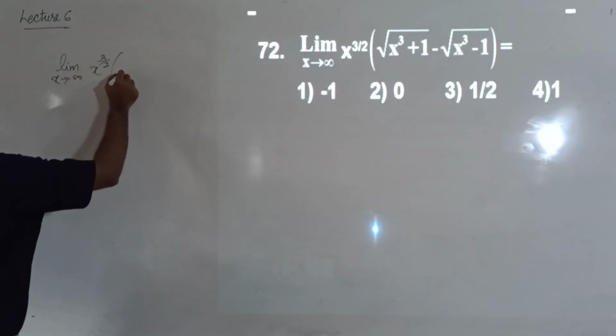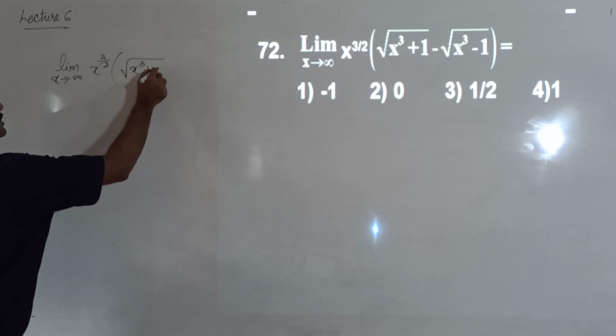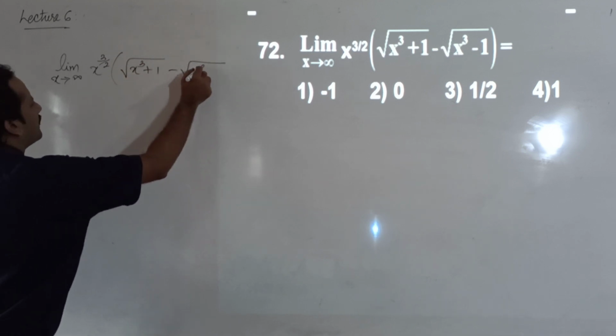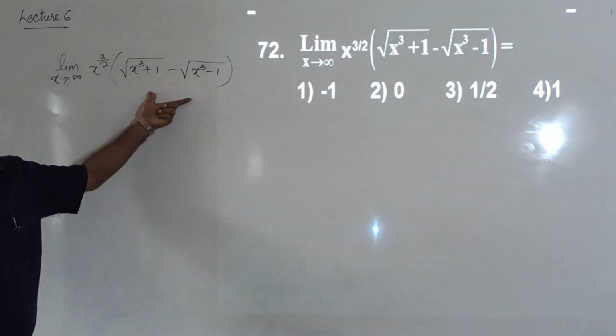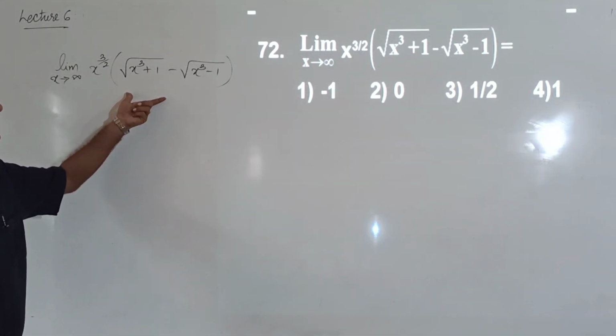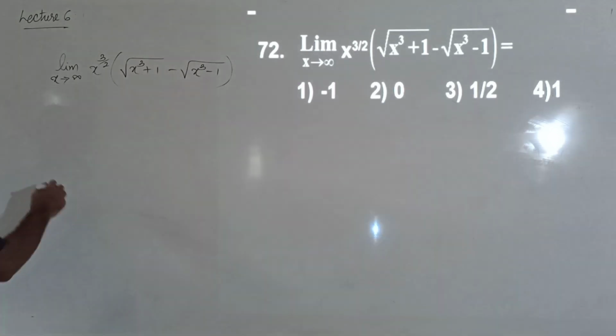we have square root of x cube plus 1 minus square root of x cube minus 2. I will rationalize this. That is, I will multiply and divide by root x cube plus 1 plus root x cube minus 2.